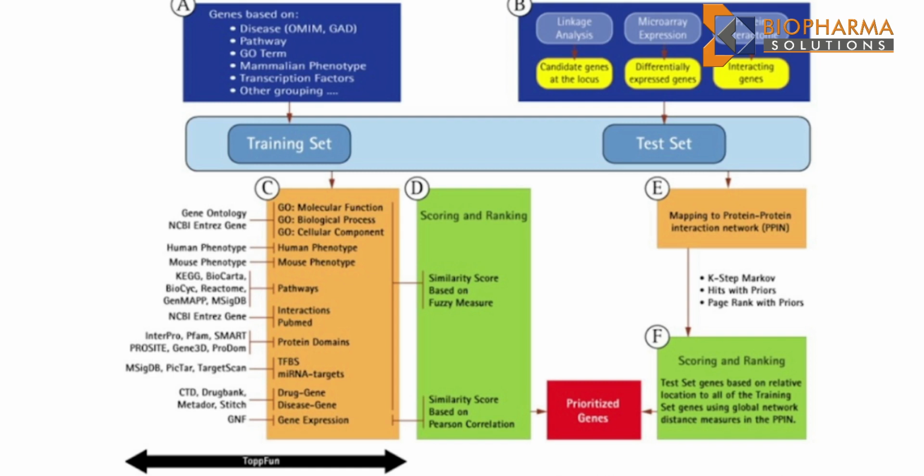Mouse phenotype, you know that in vivo work is normally done using mouse as a model animal, so that is why mouse phenotype is also included here. Pathways could be included here. Whatever is included in C, these are all components which could be used for the learning process. With that, learning would be completed.